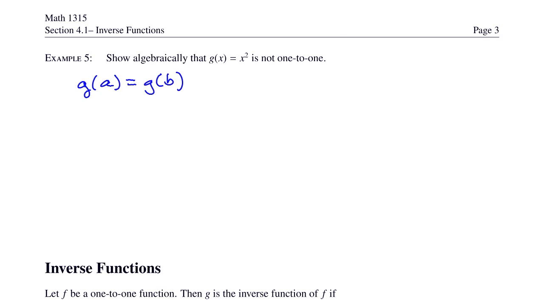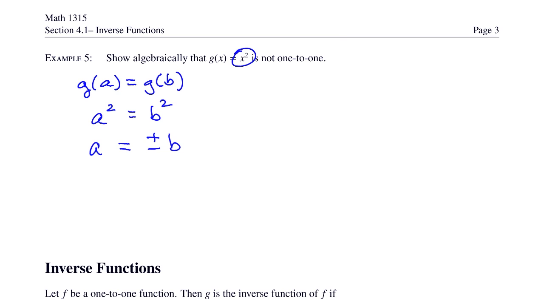g of a, the function is x squared, so g of a is a squared. g of b is b squared. Take the square root of both sides. What kind of leeway do I have with the square root of b squared?